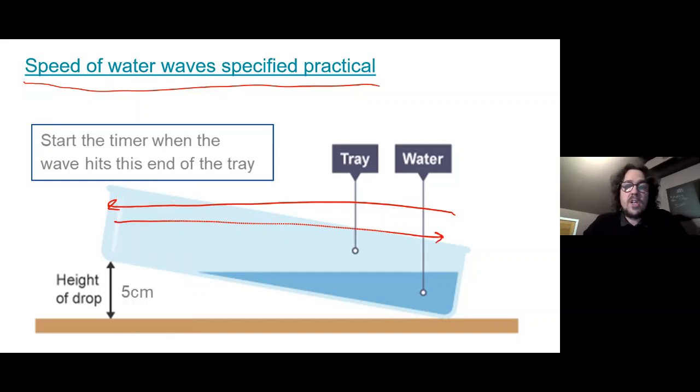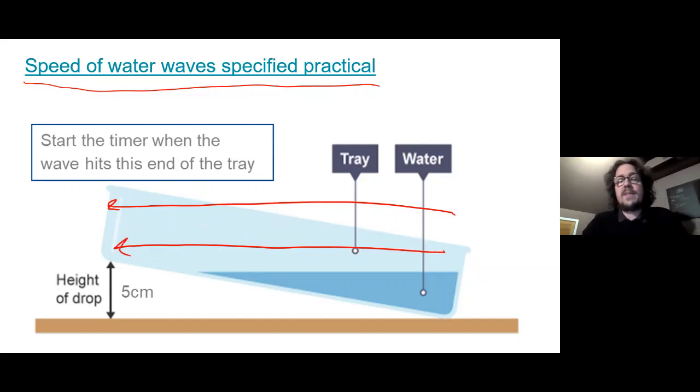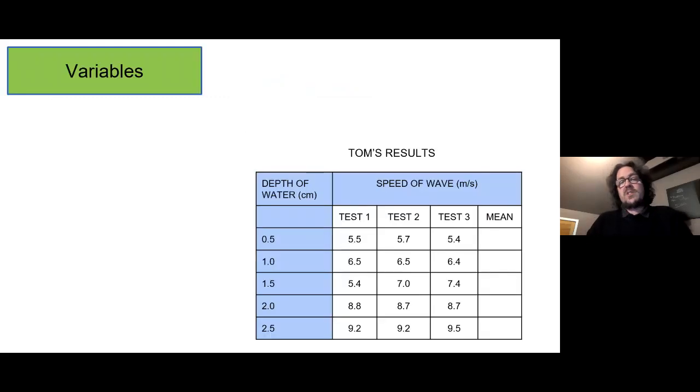And then you are measuring how long it takes to go 3 lengths of that tray. From that measurement of time, you're able to determine the speed of the water waves. Then, if you recall, you change the depth.